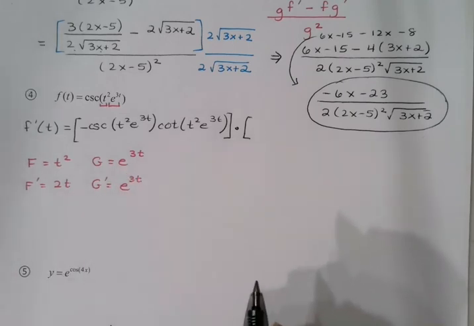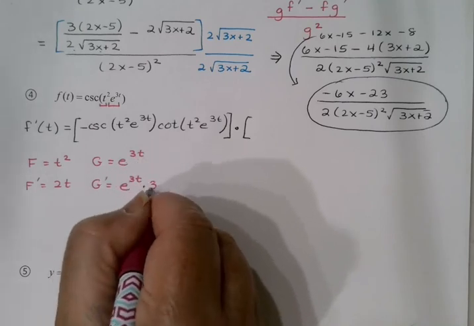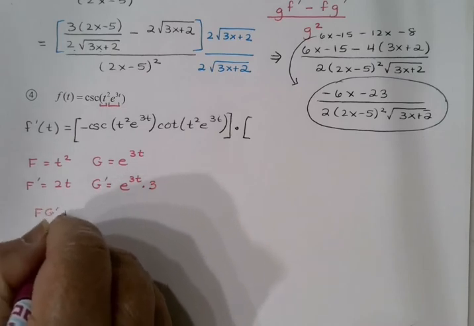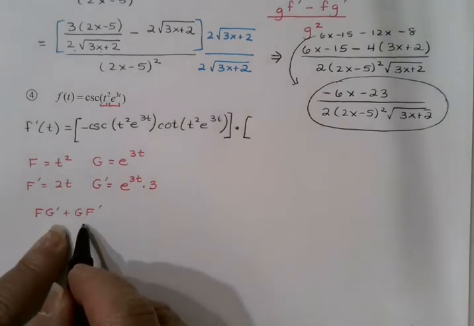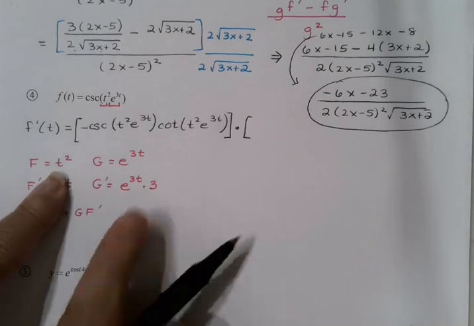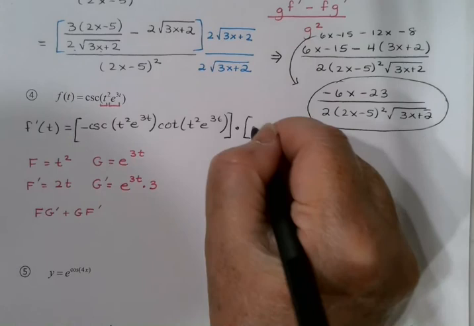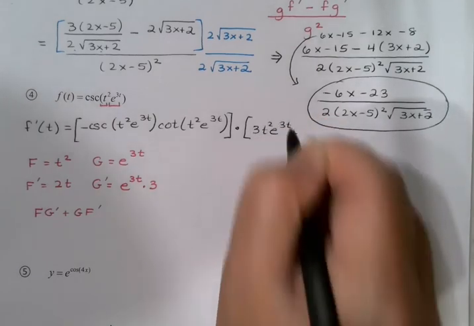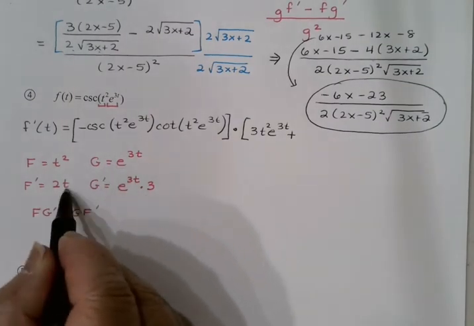Exponential base e is its own derivative, but then because of the chain rule, I'd have a times 3 on that. It's product rule, fg prime plus gf prime. So this product rule, fg prime, would be 3t squared e to the 3t. Plus gf prime, 2t e to the 3t.